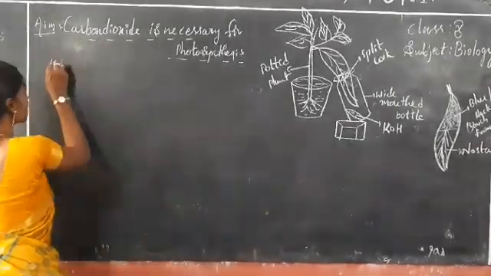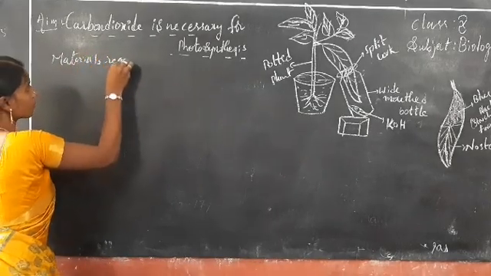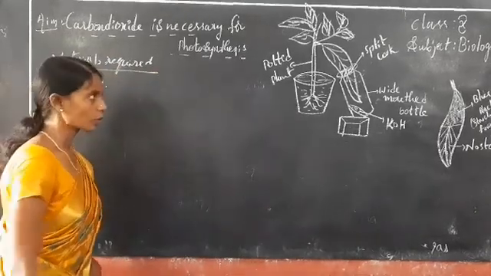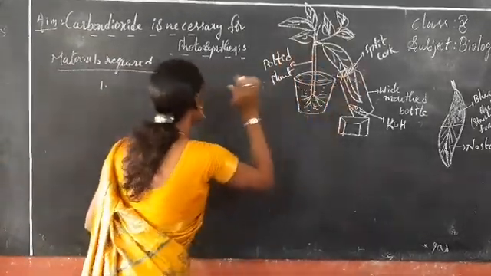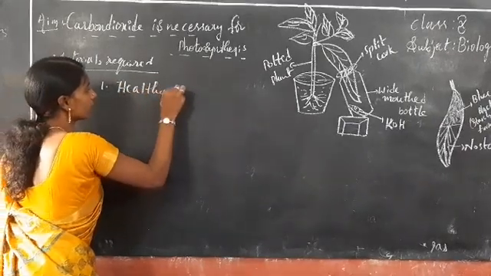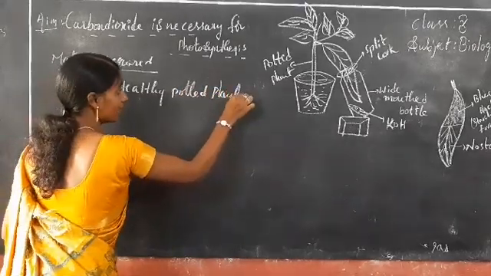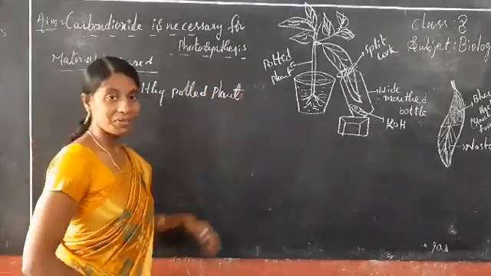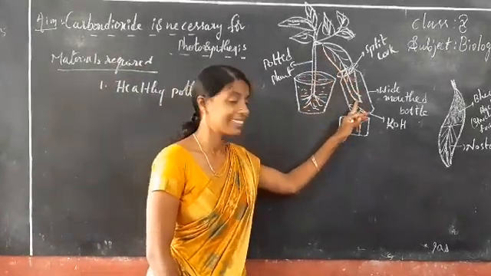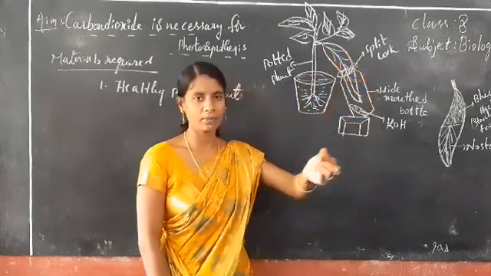First, materials required. What do we require first? A healthy potted plant. When taking a healthy potted plant, we select one that has long and thin leaves, long and narrow leaves.